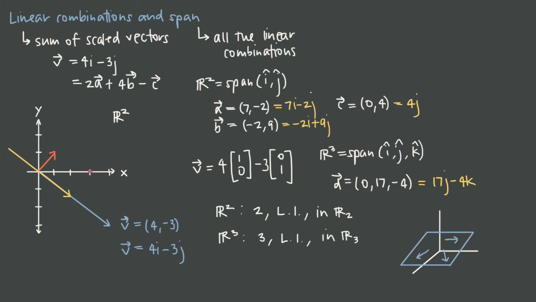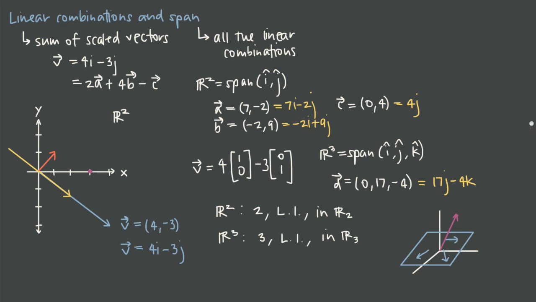If they lie in the same plane, and then I want to get to some other point up here, some purple point right here, I'm not going to be able to use any linear combination of 3 vectors that lie in the plane to bust out of this plane and get up to this purple point right here. There's no way for me to get to it, and that's because the 3 blue vectors are not linearly independent.